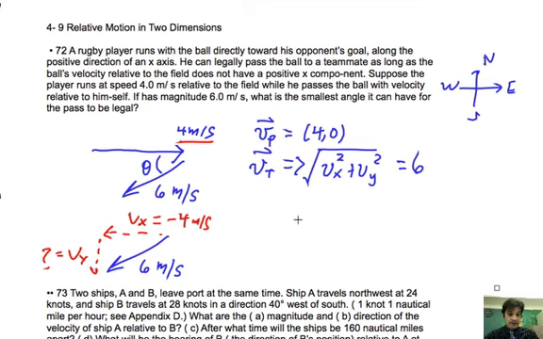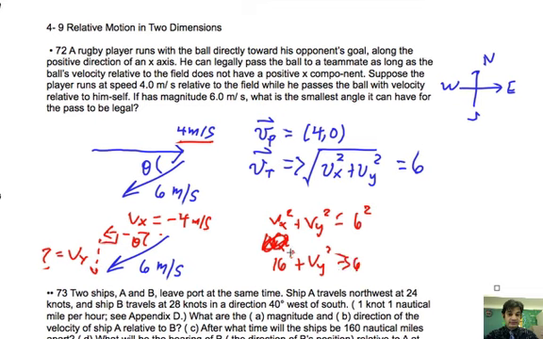Okay, so continuing on. We don't know what this Vy is, so let's figure out what we can say. Vx is -4, Vy is unknown, so using Pythagoras' theorem, and this is the trick, Vx squared plus Vy squared equals 6 squared. Vx squared is 4 squared, which is 16, plus Vy squared equals 36.